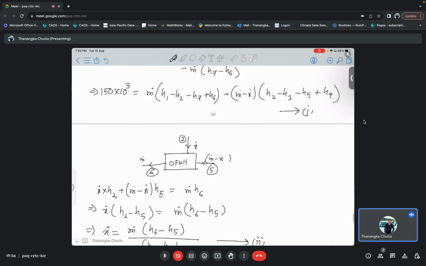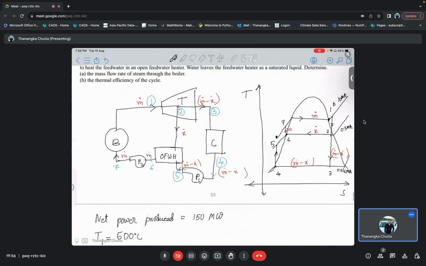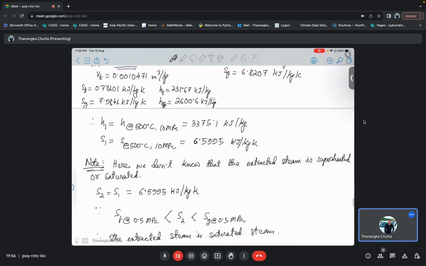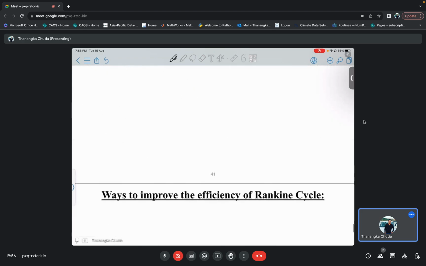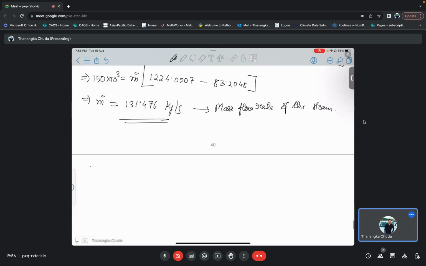Next, you need to calculate the thermal efficiency of the cycle. Eta thermal is equal to 1 minus q2 by q1, or I can also write this as w net by q1.